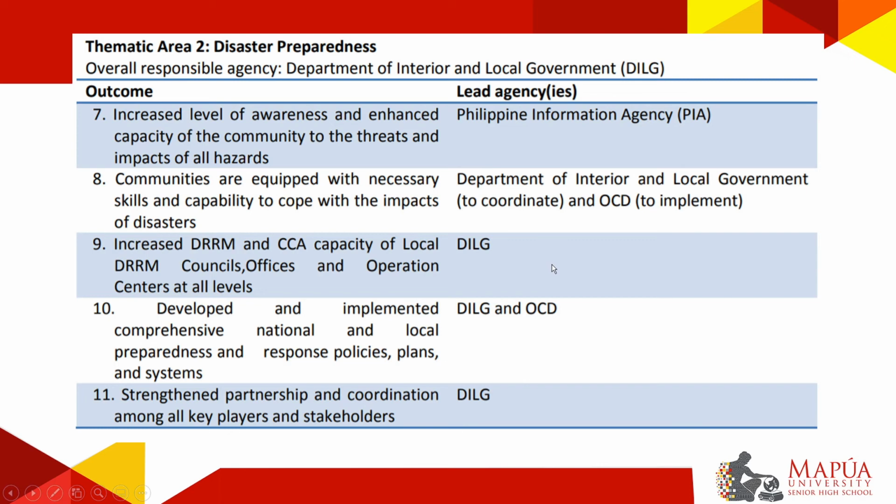For developing and implementing comprehensive national and local preparedness and response policies, the DILG and the OCD are the lead agency. For the strengthened partnership and coordination among all key players and stakeholders, the DILG is also the one who leads this goal or this outcome.